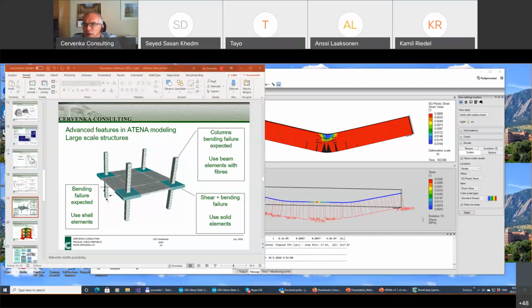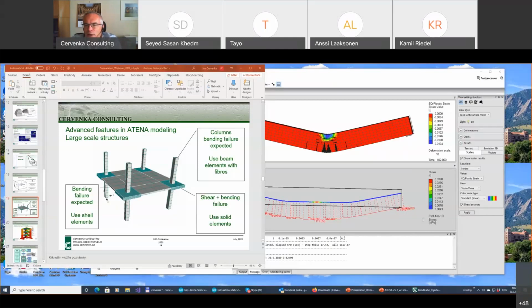So what we are finding is that if you are using a sufficiently fine mesh, then just by a good concrete cracking model, you can recover tension stiffening automatically without the need to put any special features into your model. On the other hand, this is dependent on a sufficiently fine mesh.